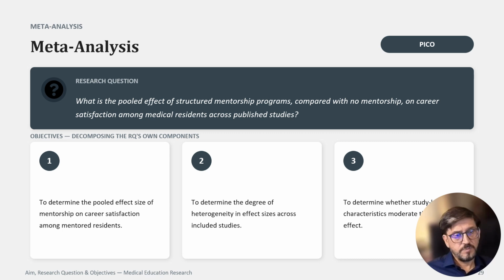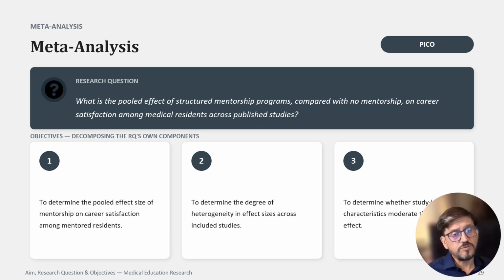For a meta-analysis, the research question is, what is the pooled effect of structured mentorship programs compared with no mentorship on career satisfaction among medical residents across published studies?